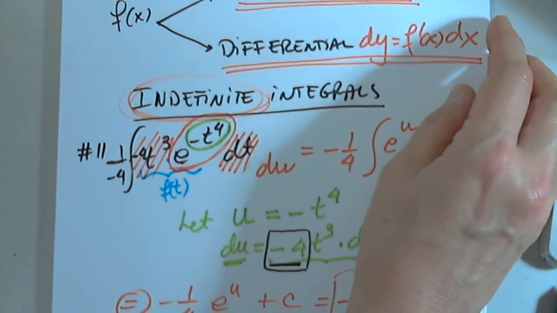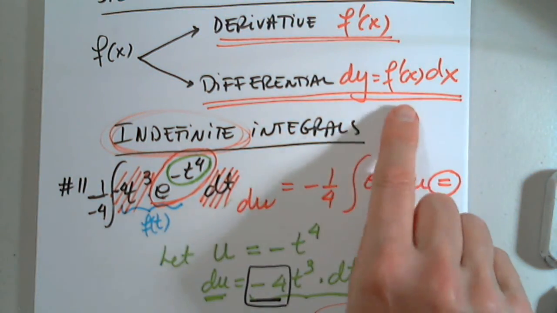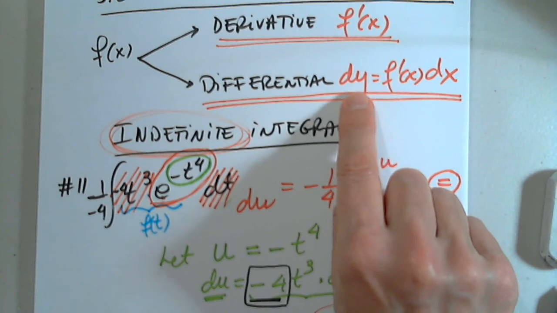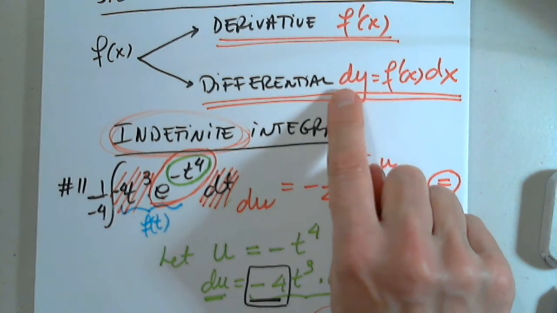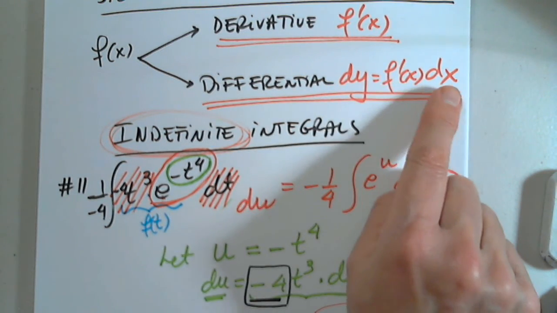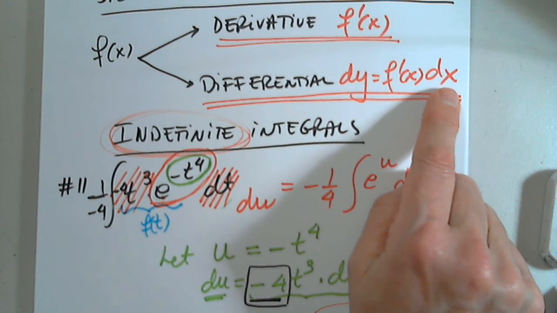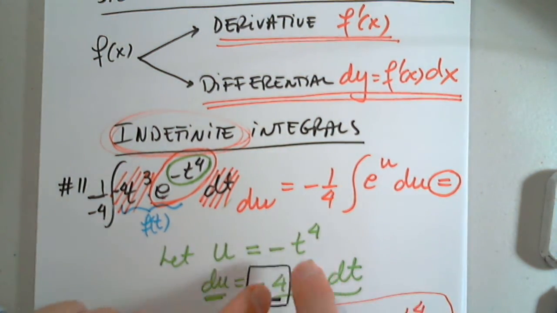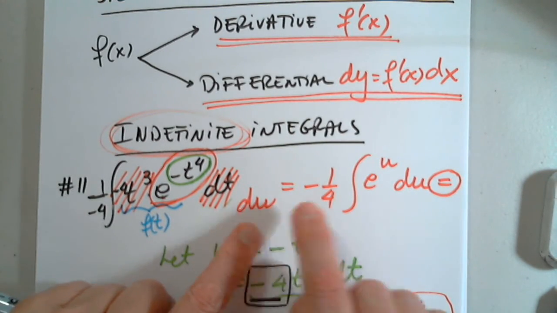Remember how to determine dy or the differential of a function. du equals u prime times dt, right? Or whatever the function is.